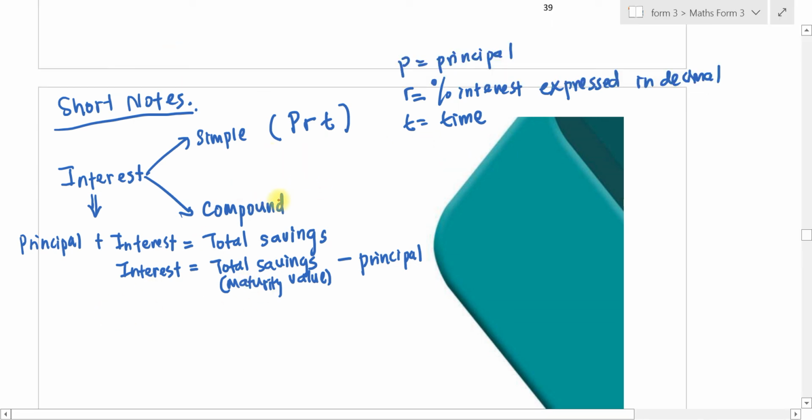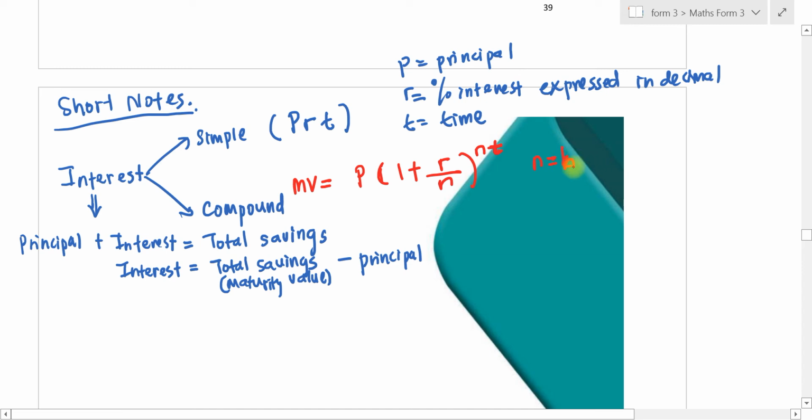Okay, so for compound interest, we calculate the maturity value. Maturity value is P, bracket 1 plus R over N, to the power of N times T. Here the N is the compounding frequency.